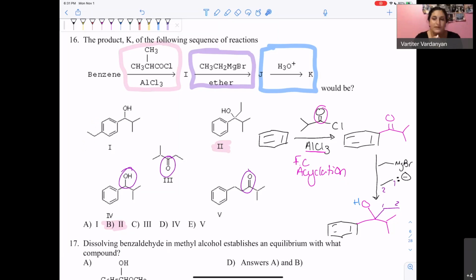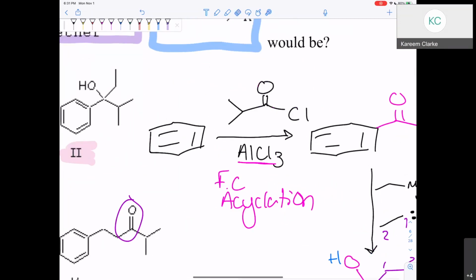Hey Rose, I have a question. Yeah. For the Friedel-Crafts acylation, we removed the chlorine and then I just don't see how we stuck it on. Okay.